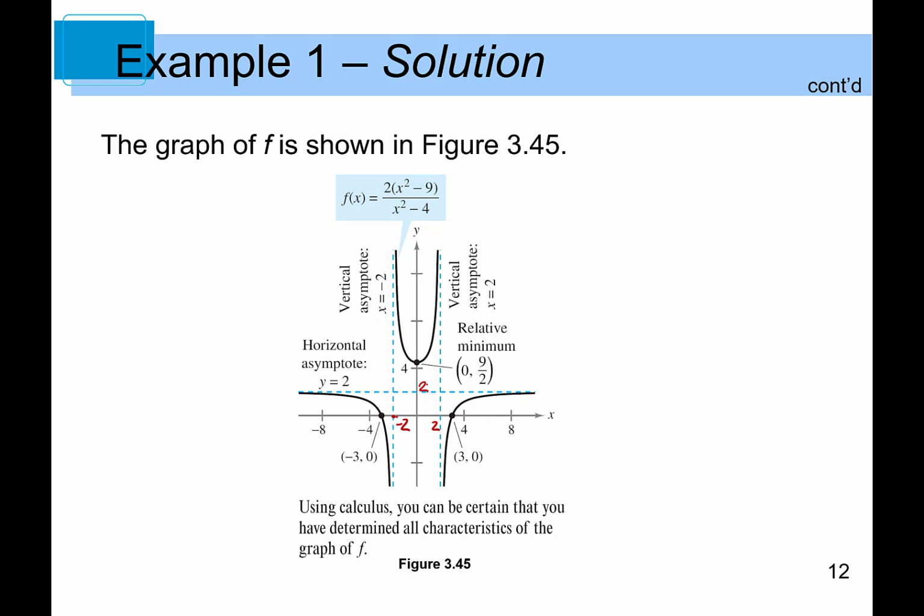Okay. And from negative infinity to negative 2, it's concave downward and decreasing, right? That matches the table. And from negative 2 to 0 is concave upward and decreasing. From 0 to 2, that's concave upward and increasing.